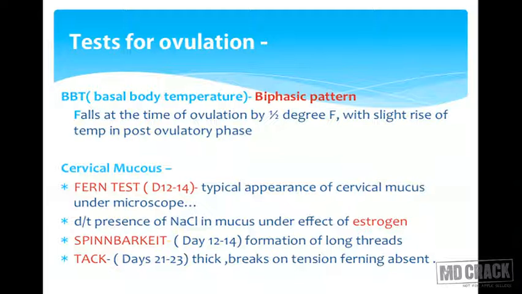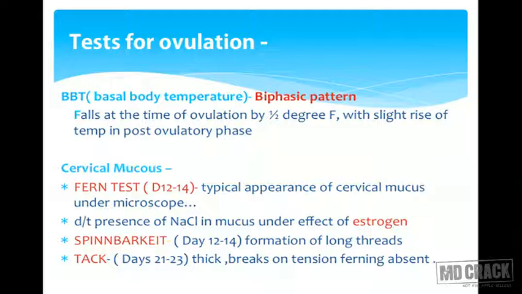Then cervical mucus tests: Spinnbarkeit, fern test, MCQ, to be done in between day 12 to day 14, meaning pre-ovulatory, around ovulation. Typical appearance of cervical mucus, Spinnbarkeit, is thread formation. If you pick up cervical mucus and pull, there would be thread formation which may be around 10 centimeters.